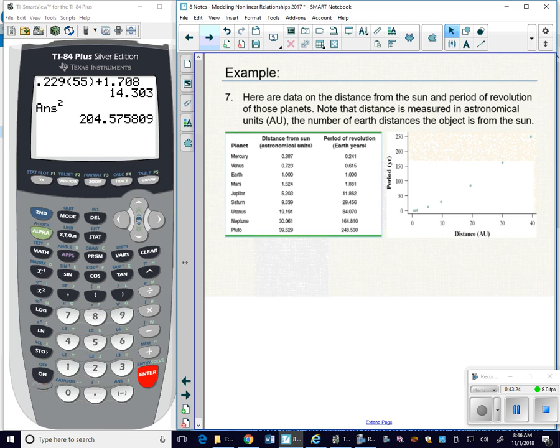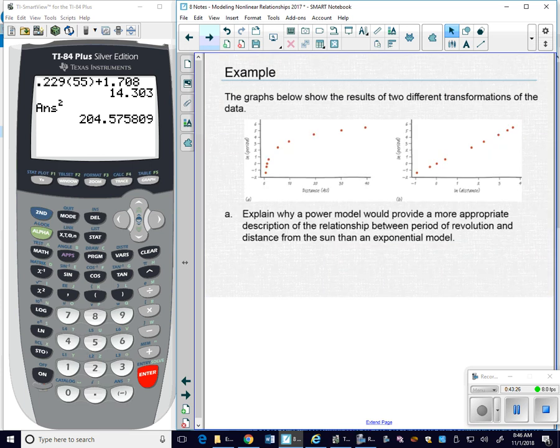So if you take a look at letter A, it shows you the graphs below show the results of 2 different transformations. So I have to look at my axes to see what transformations were done. So if I take a look at the first one, I didn't do any transformations on x. Notice that it's the straight up distance. So in this graph, it's just going to be distance versus, but if I take a look at my y values, I'm looking at the natural log of the period.